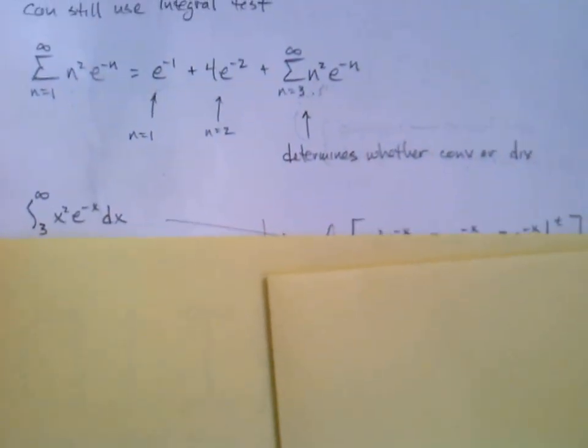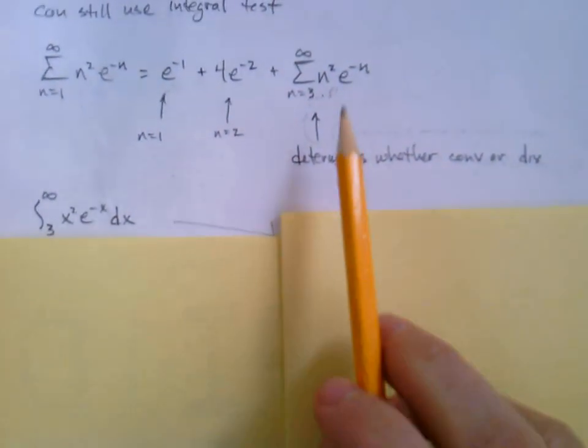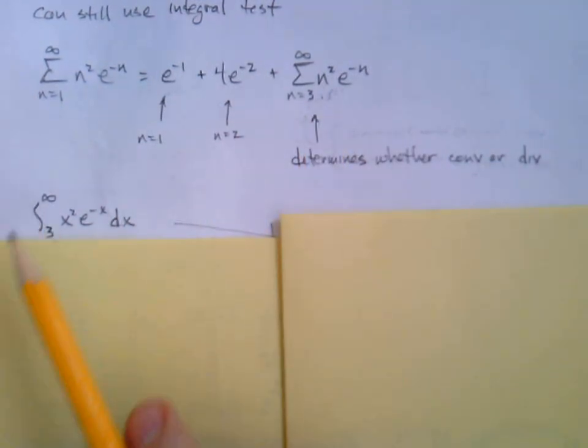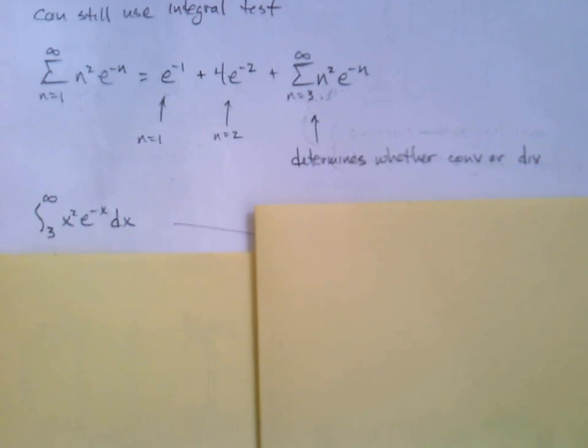And you notice the integral test is only applying to this now. So we're going to start our integral at 3. 3 to infinity, x squared e to the negative x dx.